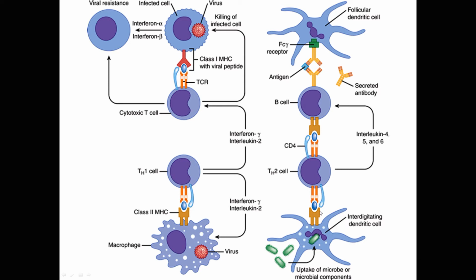The activation includes two signals. First, binding of the antigen-specific T lymphocytic receptor to the antigen, as shown here. And second, release of interleukin-1 from the antigen-presenting cell, macrophage or interdigitating dendritic cell.